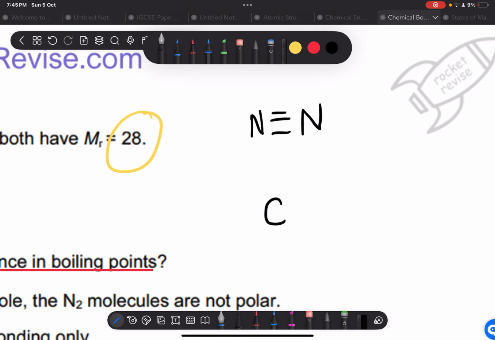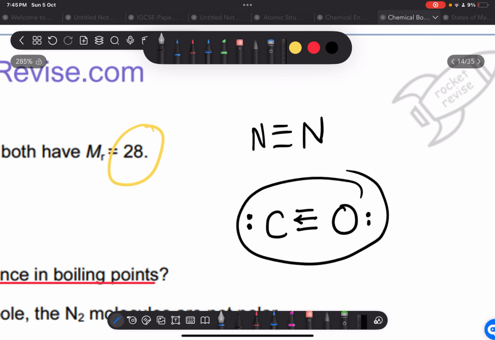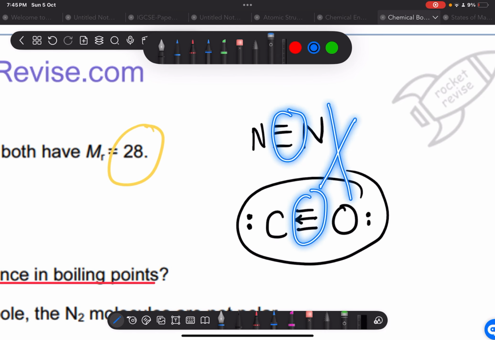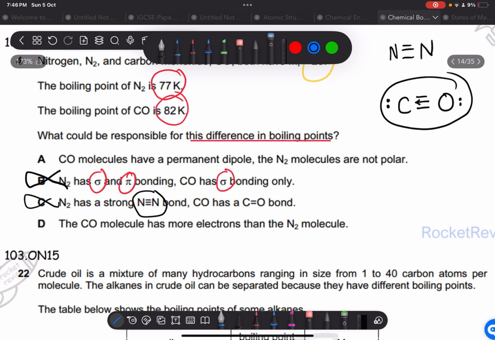Carbon monoxide. 1, 2, 3, 4, 5, 6, 7, 8. 1, 2, 3, 4. Now oxygen, 1 pair here and 1 pair here. And this is your carbon monoxide. These covalent bonds don't determine the melting and boiling point. So this is going to have no effect on melting and boiling point.